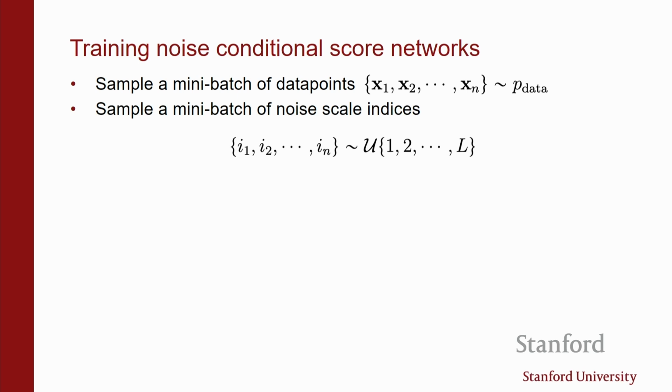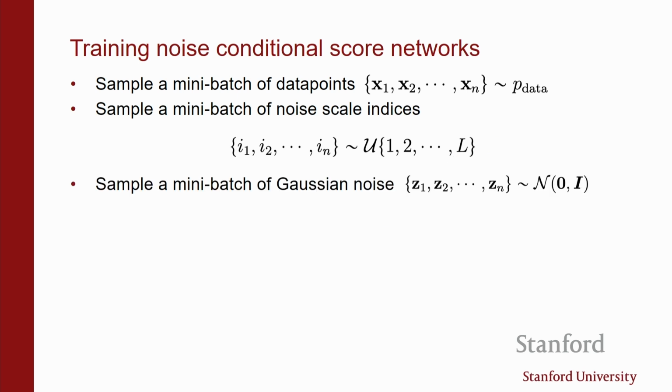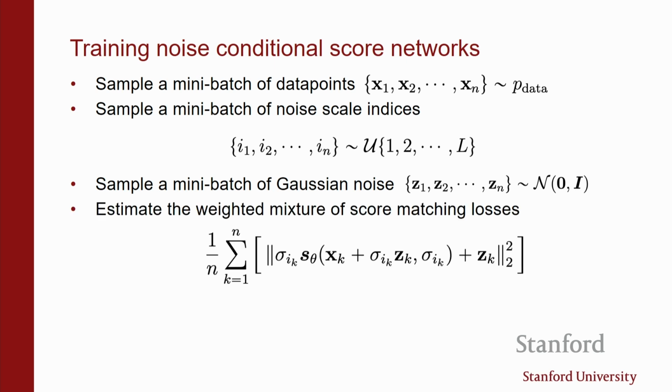L here could be 1,000 if you have 1,000 different noise levels. Then you sample noise, IID, one noise vector per data point. And then you train the score network to solve the denoising problem for each data point, with the weighting function that we had before.